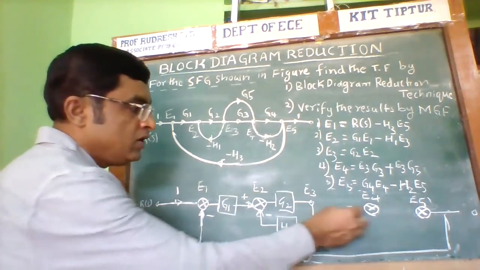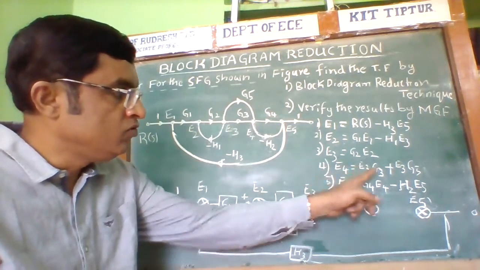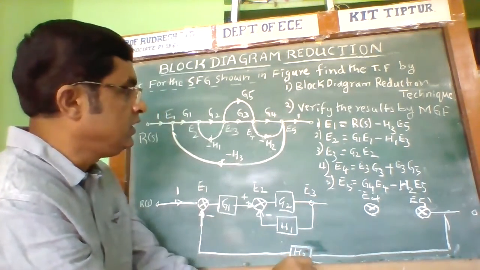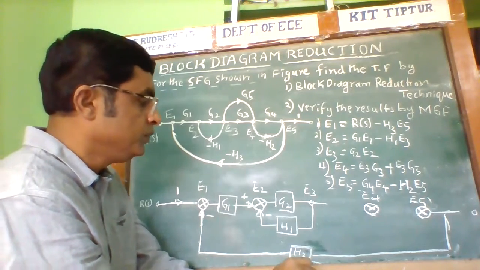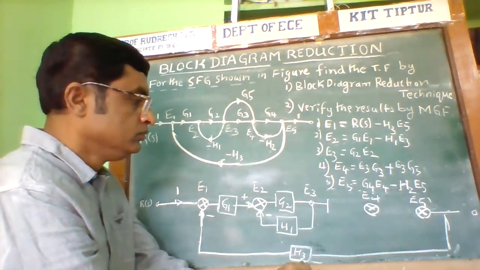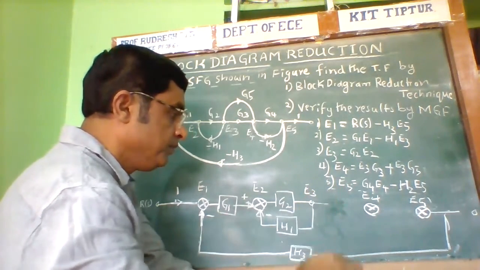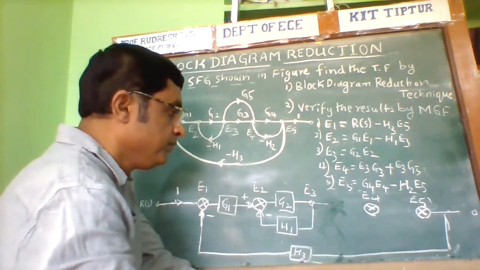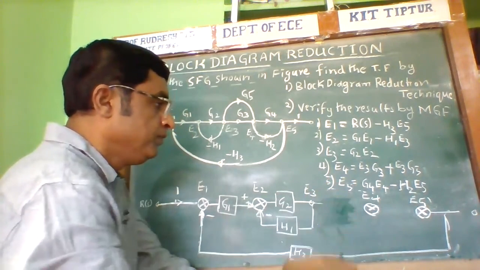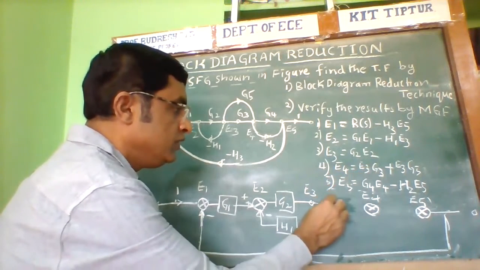Similarly at E4, what are the signals? E3 into G3. Now here we go for writing E3 into G3. E4 is equal to E3 into G3.